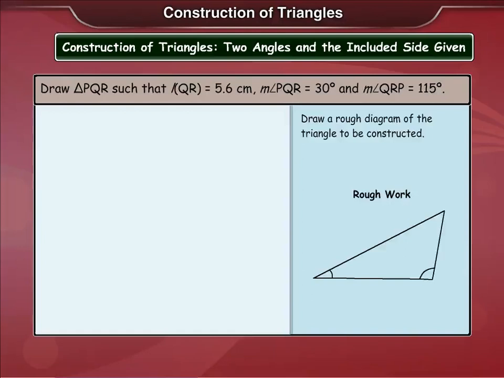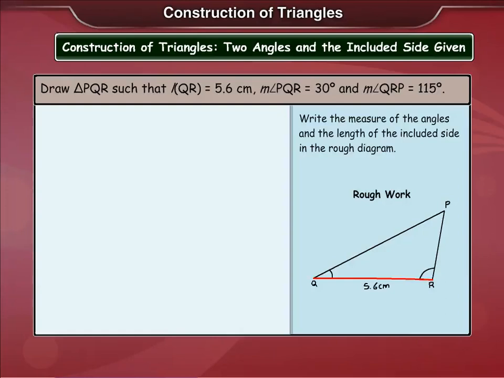Now, place a protractor at point R on segment QR and measure an angle of 115 degrees. Mark point Y at 115 degrees. Join point R and point Y to get ray RY.